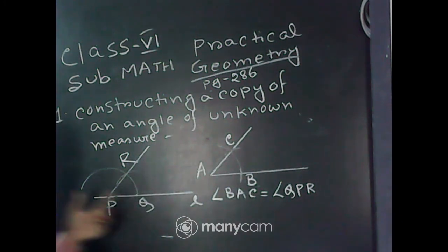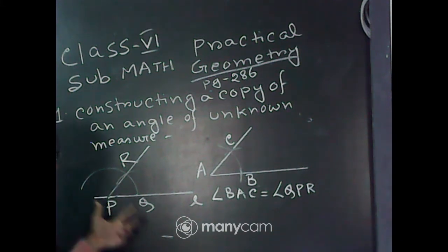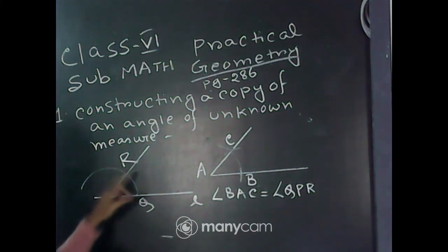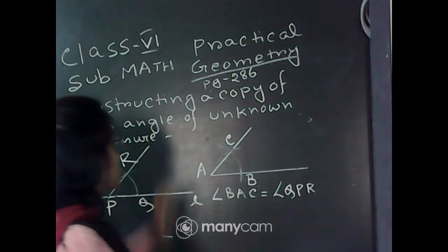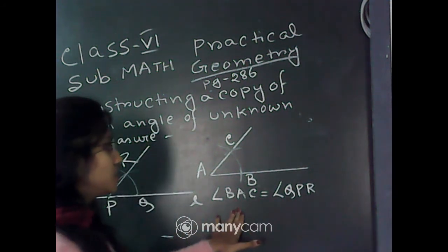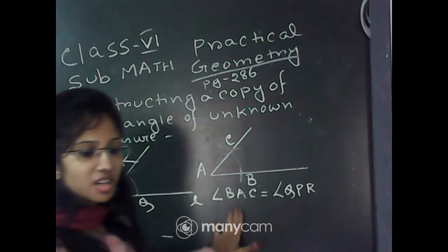Then place the pointer of compasses at Q and draw an arc, and this arc cuts the earlier arc in R. Now join PR, therefore we get the angle P, and here angle P has the same measure as angle A. So, angle BAC is equal to angle QPR.